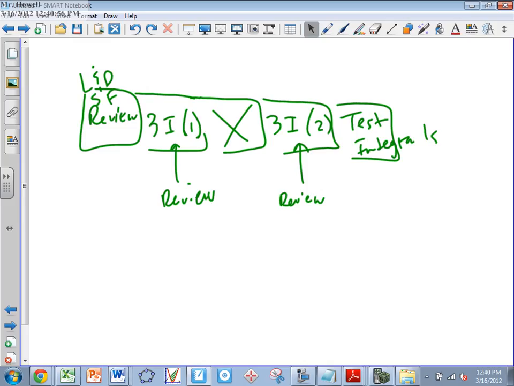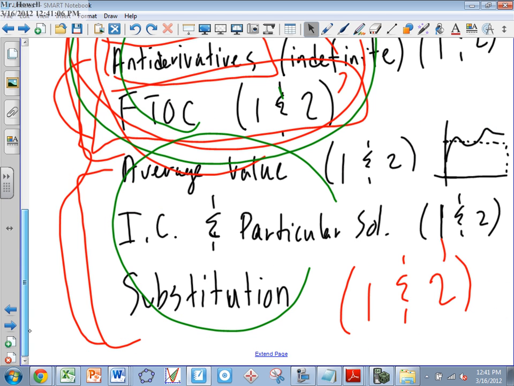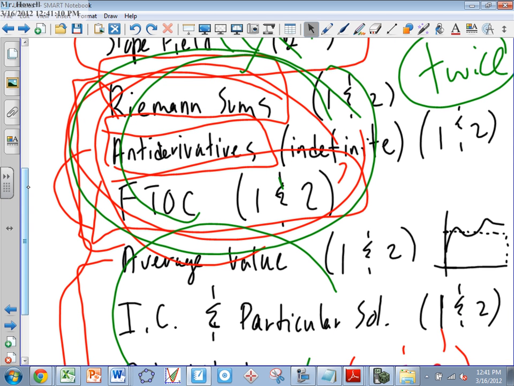So it's going to be Riemann sums, indefinite integrals, and the fundamental theorem. If I'm correct, let me just go back and check. First 3. Yeah, average value is the next one. So we're looking at these ones right here.